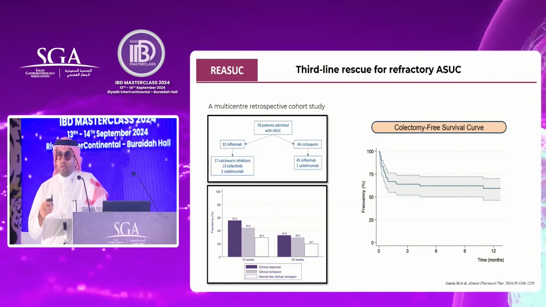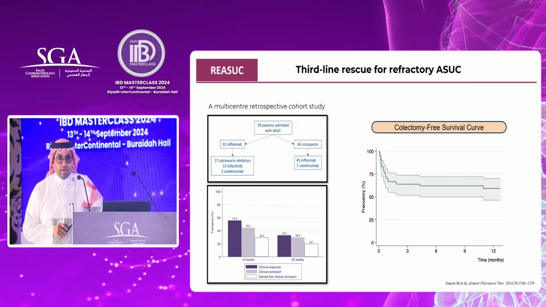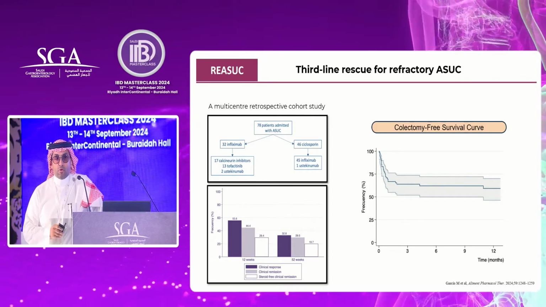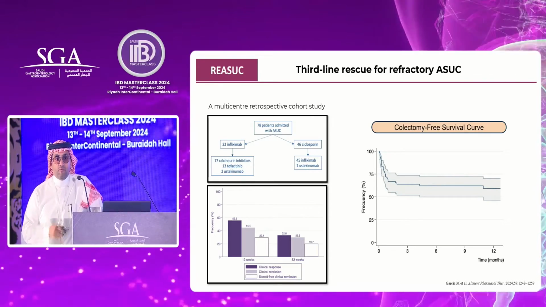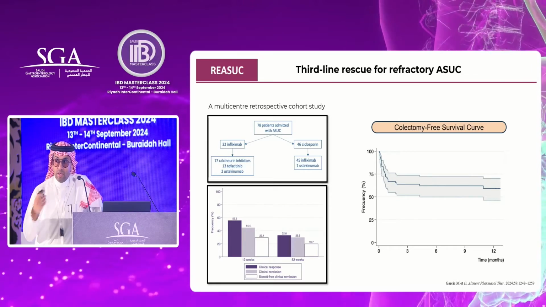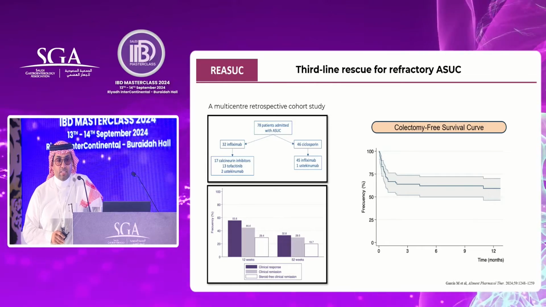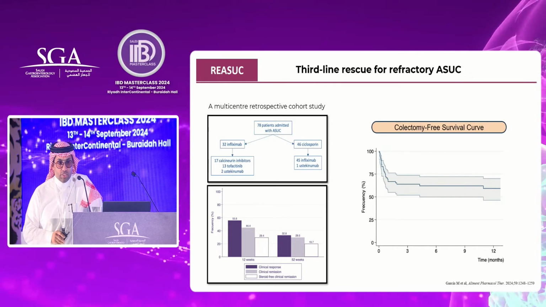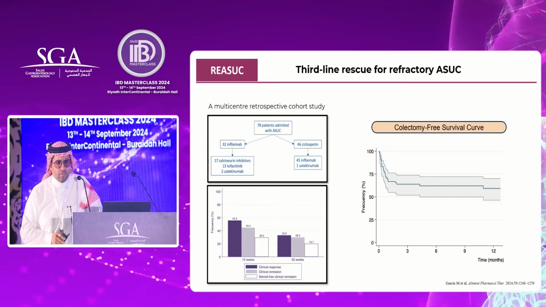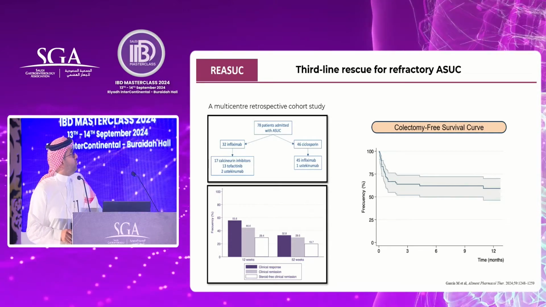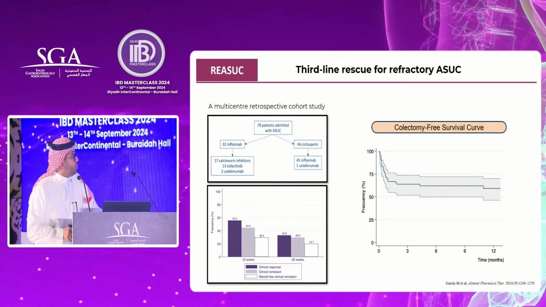So what about the third line? If we failed first-line steroid and second-line infliximab or cyclosporine, is there any role for a third line? This was assessed in a multi-center retrospective cohort study. As we can see, there were around 78 patients, 32 infliximab and 46 cyclosporine.